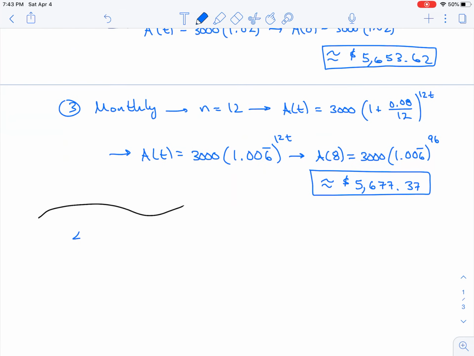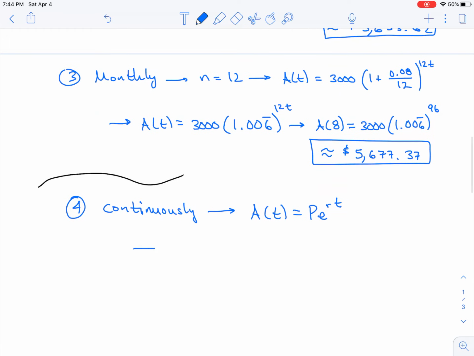Lastly, we will compound continuously. And this means we're going to use the model sometimes referred to as PERT. We're going to have A of t is equal to the initial investment times e to the 0.08t. And we're going to evaluate that at 8 years.